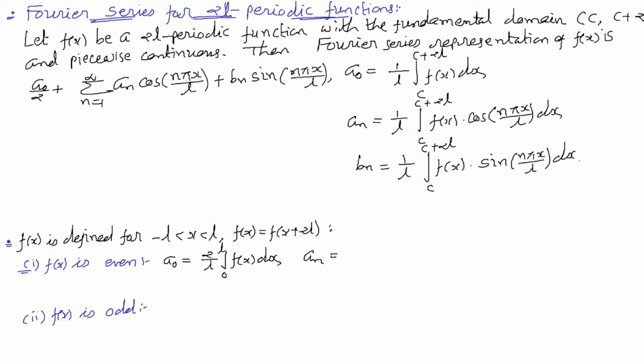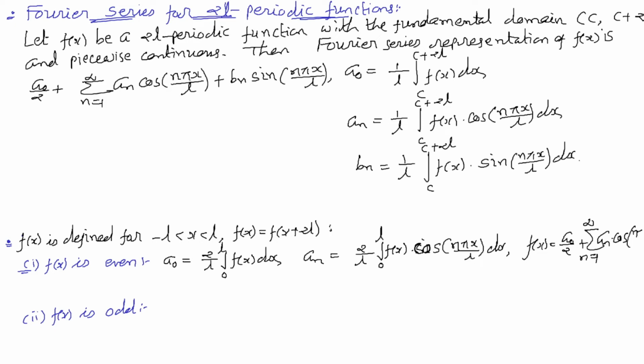What is an? 2 upon l 0 to l f of x into cos n pi x upon l dx. And what is f of x? a0 by 2 plus summation n equal to 1 to infinity an cos n pi x upon l.